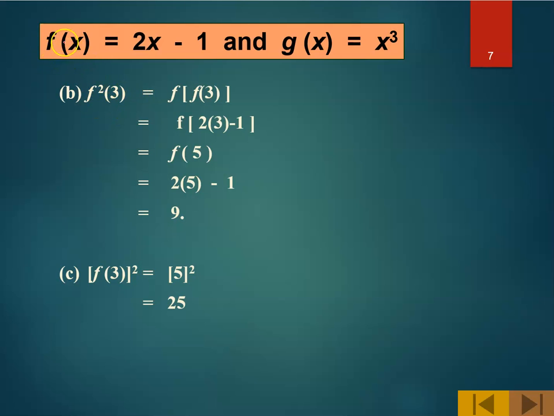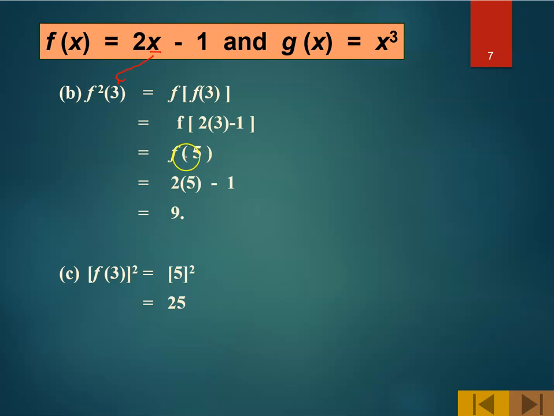f squared of 3 means we just focus on this f function, which means that you're going to substitute f into f. The function of f is actually 2x minus 1. So you're going to substitute x equal to 3 over here. So you have 2 times 3 minus 1, which is equal to 5.